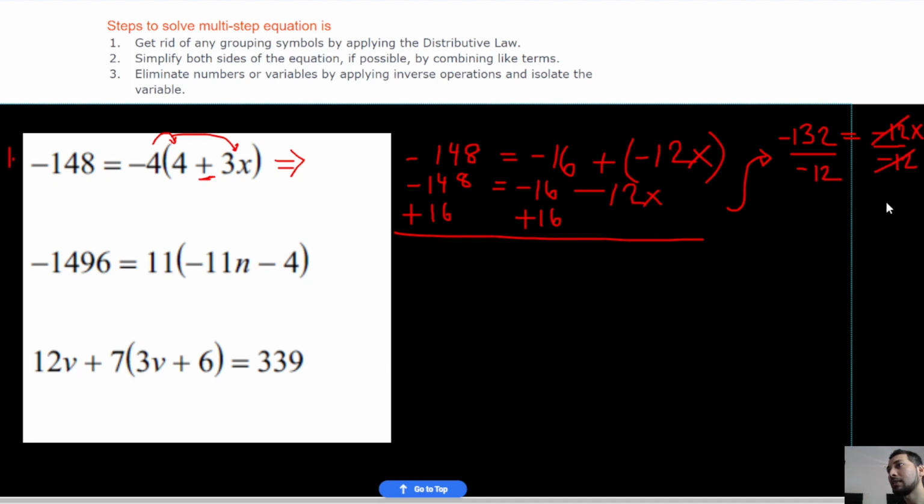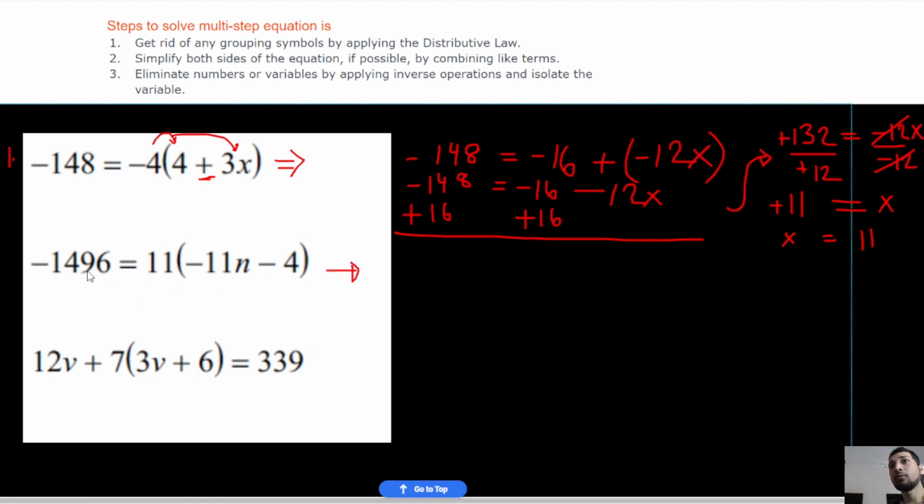And we have x equals 11. So remember, these two negative signs will cancel out to a positive sign. So this is x equals 11 or 11 equals x. Both are correct. Perfect. Let's move on to the next problem here.